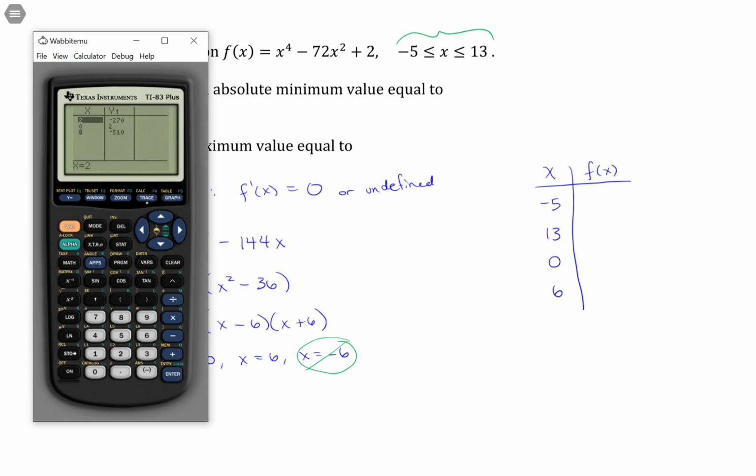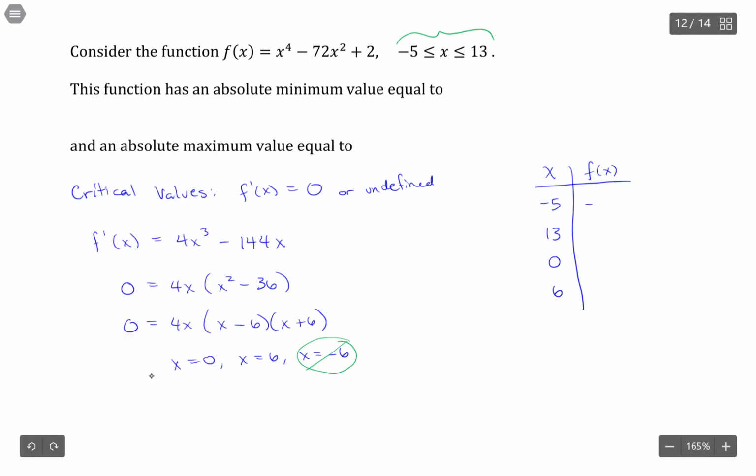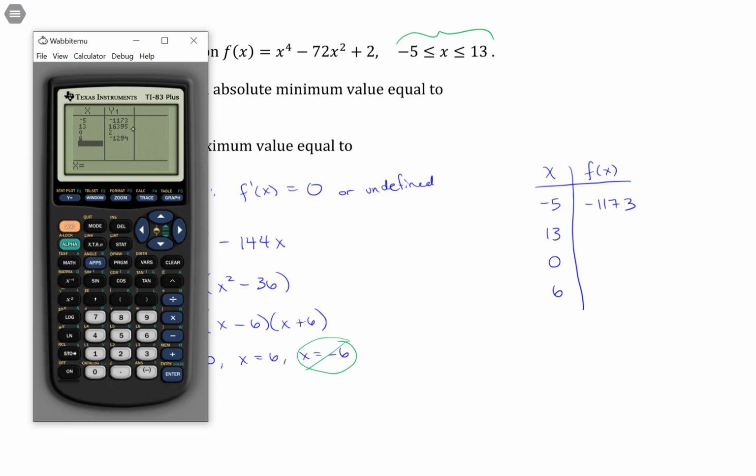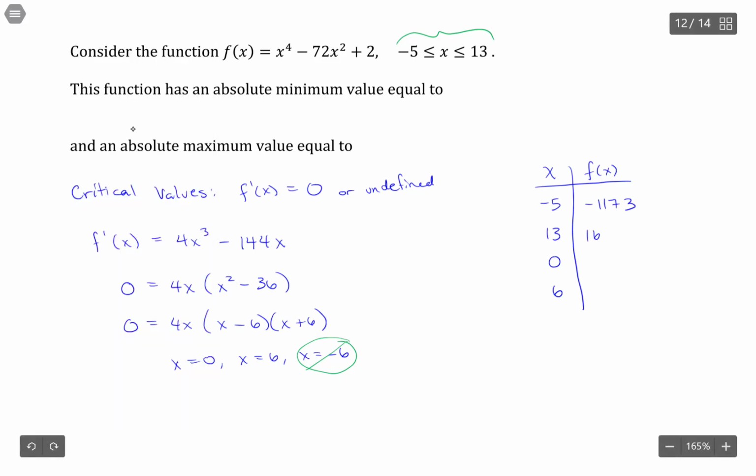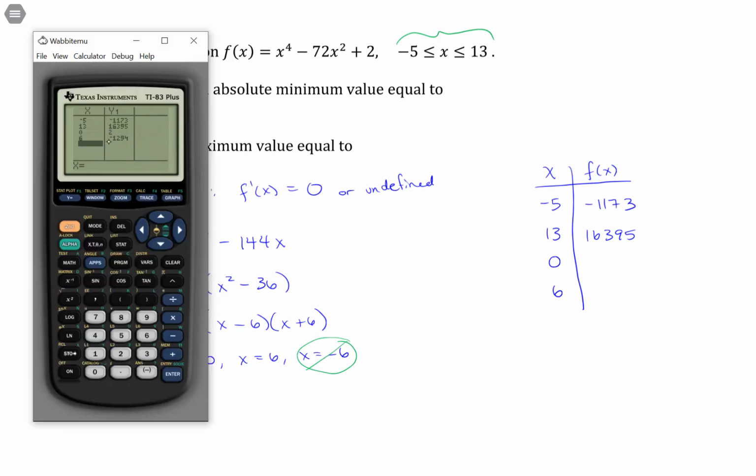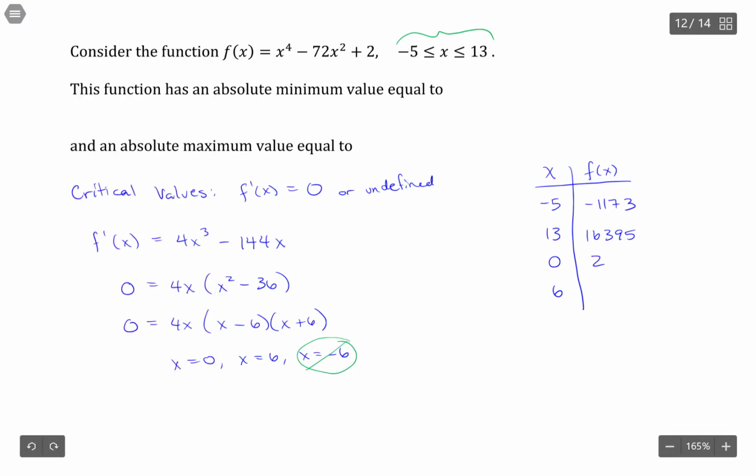Then I'll use a table to do this. So -5, 13, 0, and 6. So -1173, 16,395, 2, and -1294.